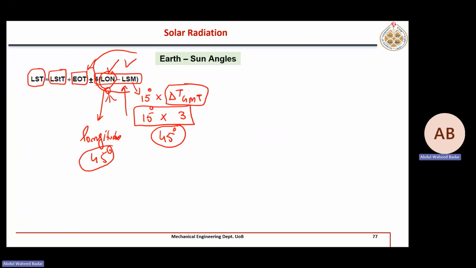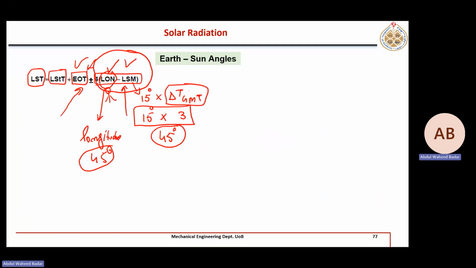So that is the longitude difference effect, and the other factors are due to the elliptical path of the Earth's rotation around the Sun. Also the Sun itself is not exactly a sphere, it also has some elliptical shape, and that is taken care of in this term.